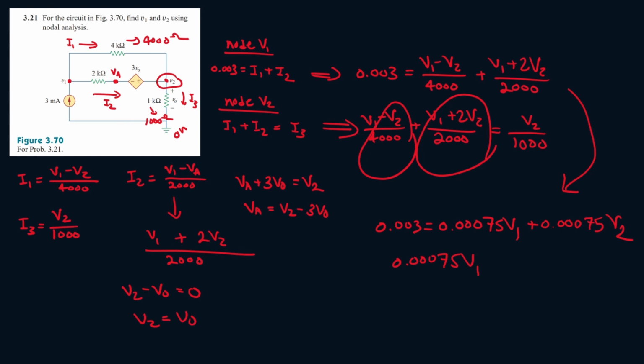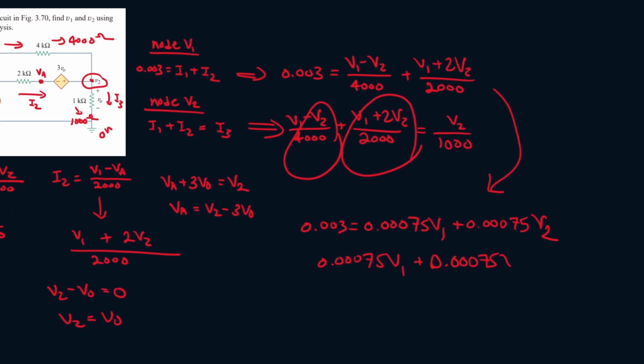So it will be 0.00075 V1, and then 0.00075 V2 minus V2 over 1,000. 1 divided by 1,000 is 0.001.